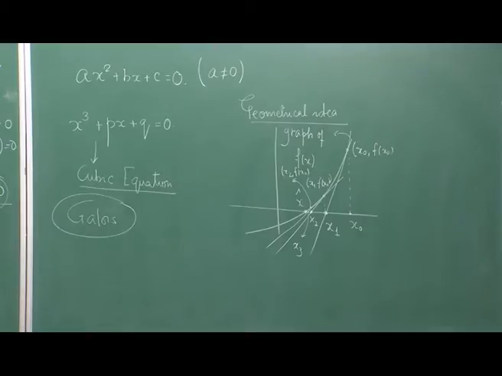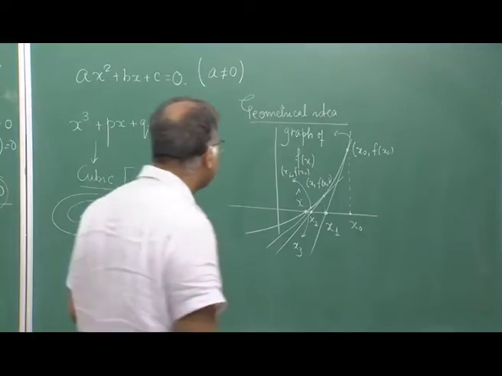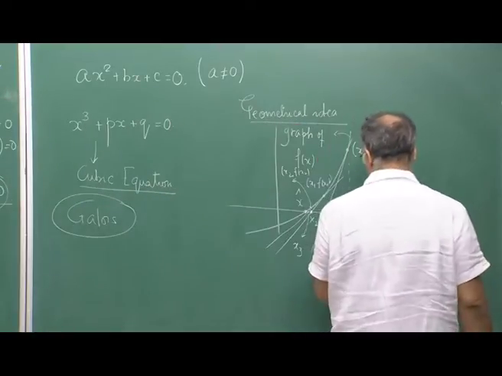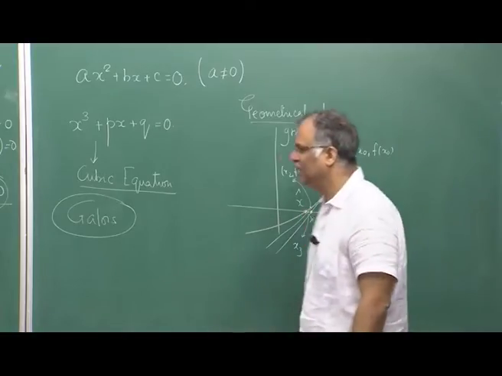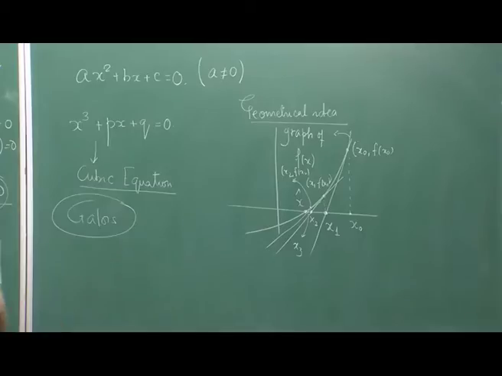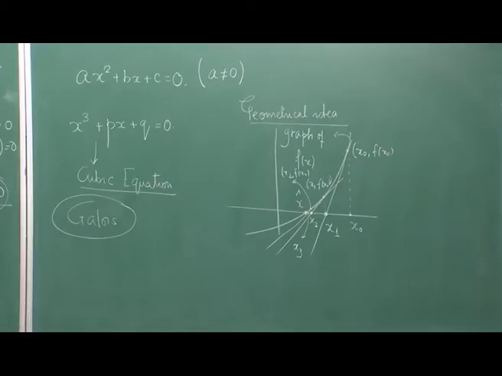So what we have generated is a sequence of points which are moving towards x hat. It looks very simple, but it has some more ideas involved in it.